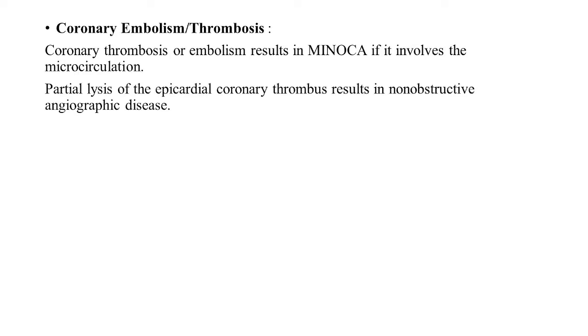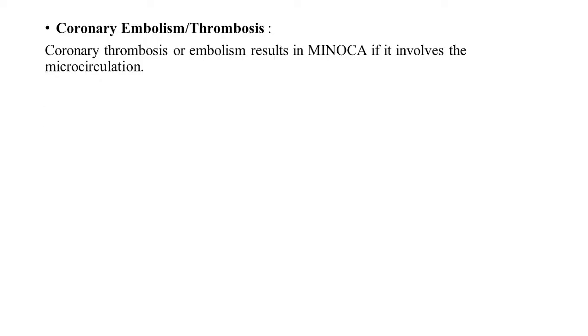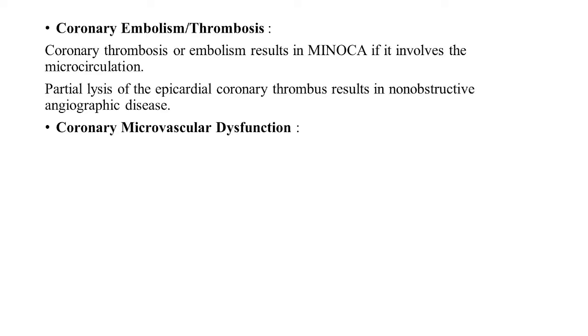Our other causes include coronary embolism. Coronary thrombus or coronary embolism results in MINOCA if it involves the microcirculation. So how is this different from our typical type 1 MI, coronary thrombus? An embolus in a larger vessel would not be a non-obstructive picture.